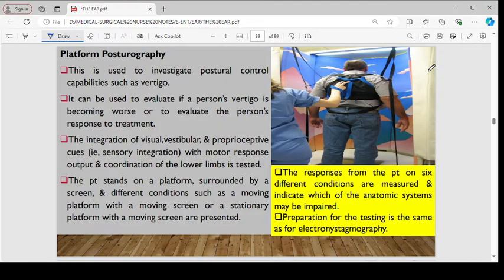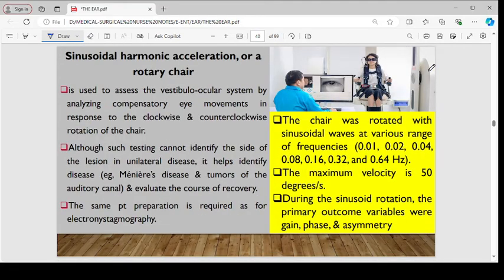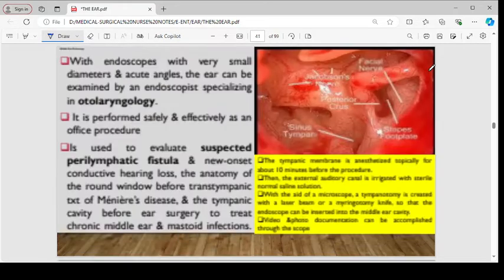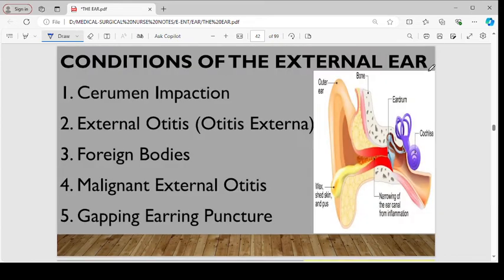We also have platform posturography, sinusoidal harmonic acceleration, or the rotary chair, as some of the tests that are normally carried out to find out the ear problems. So we have specific conditions that affect the three major parts of the ear.